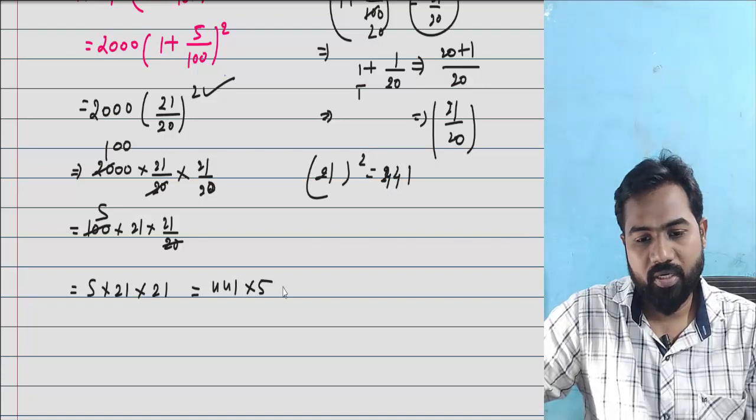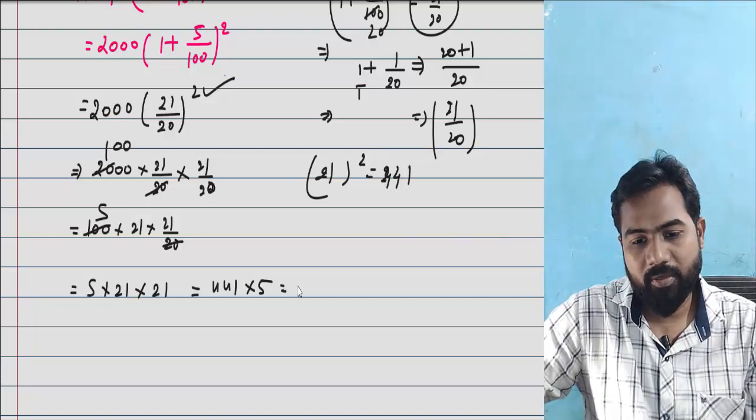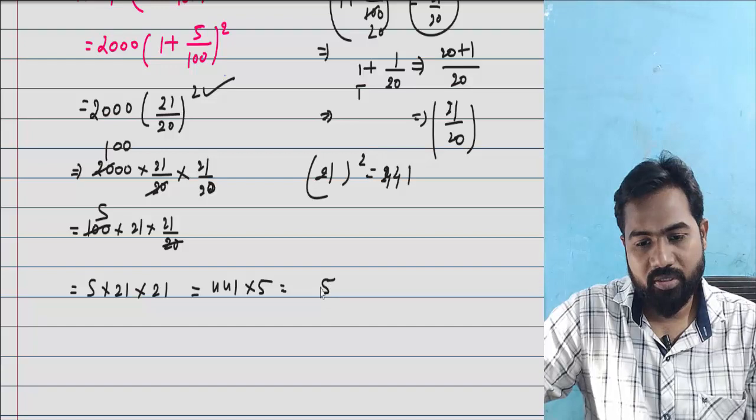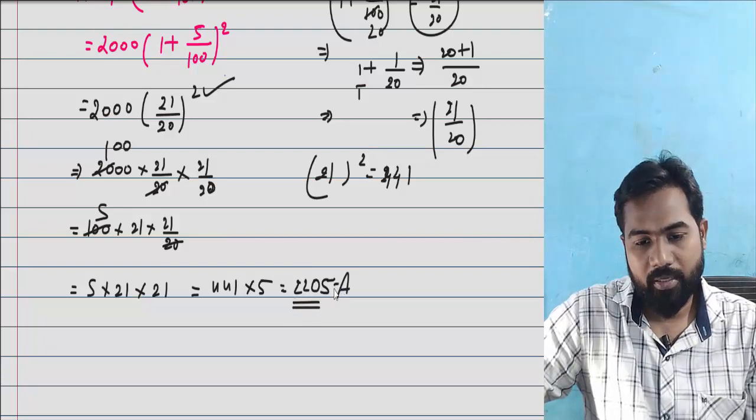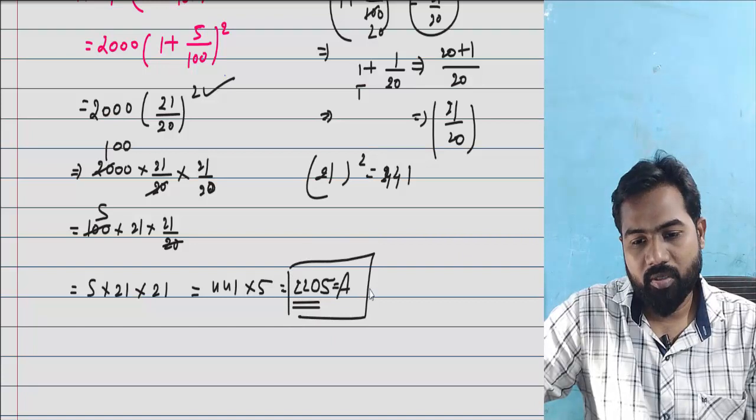So we are getting 441. So the final answer will be 5 ones are 5, 5 fours are 20, carry forward 2, 5 fours are 20 and 2 is 22. So 2205, this amount you have to pay to the bank. Clear? This one is the amount. So amount equals to what?